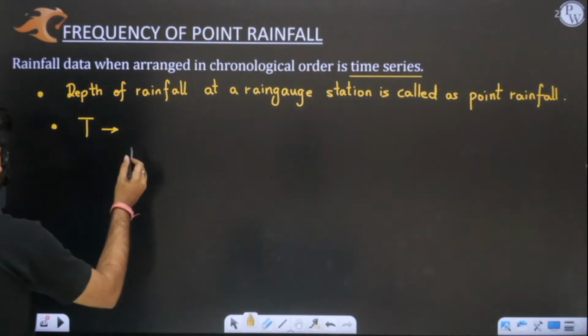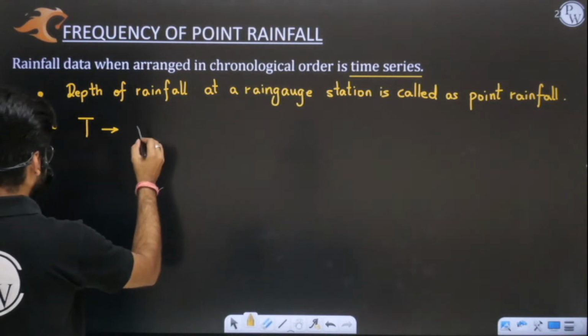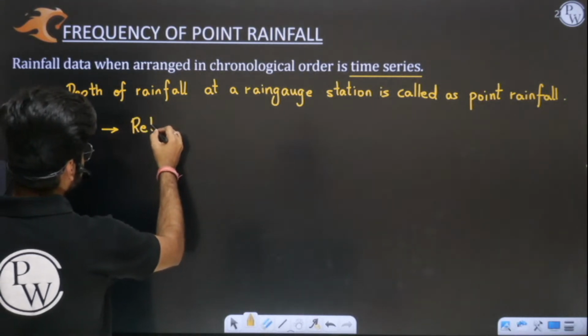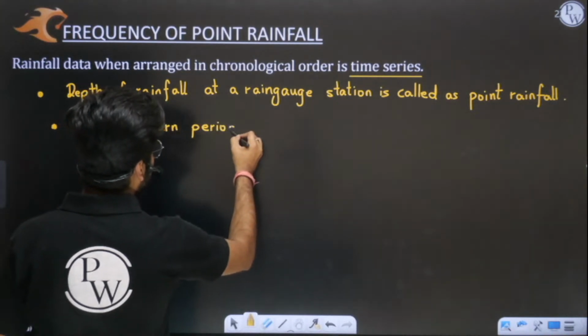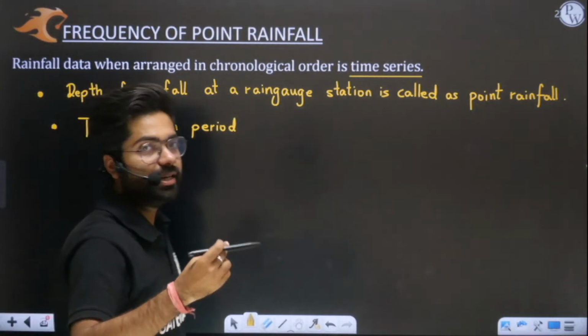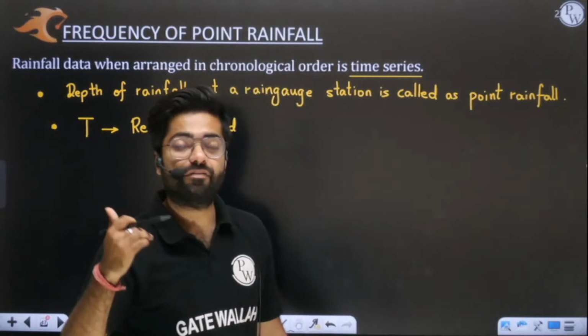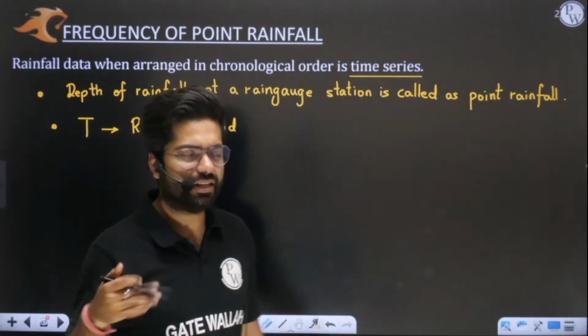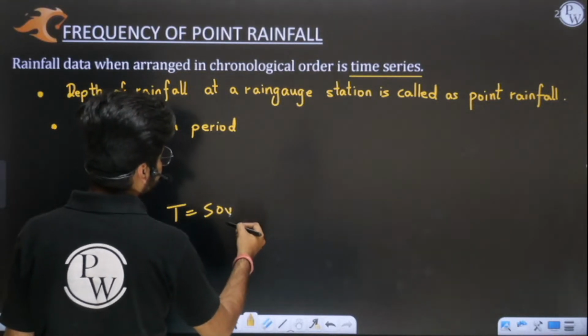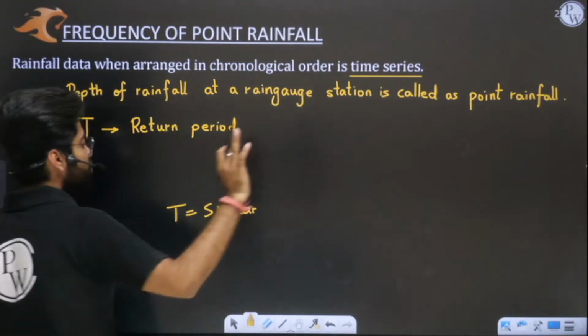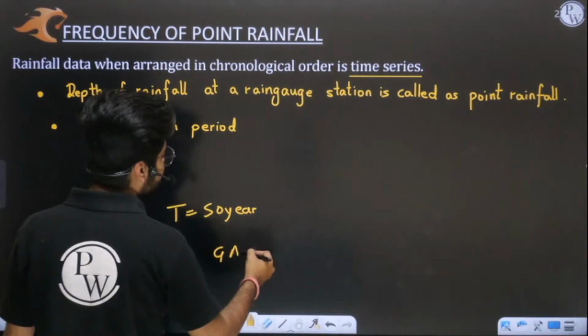T means what? T means return period, or recurrence interval. See, return period means that a certain event will happen after this amount of years. Let us say a certain event has a return period of 50 years.